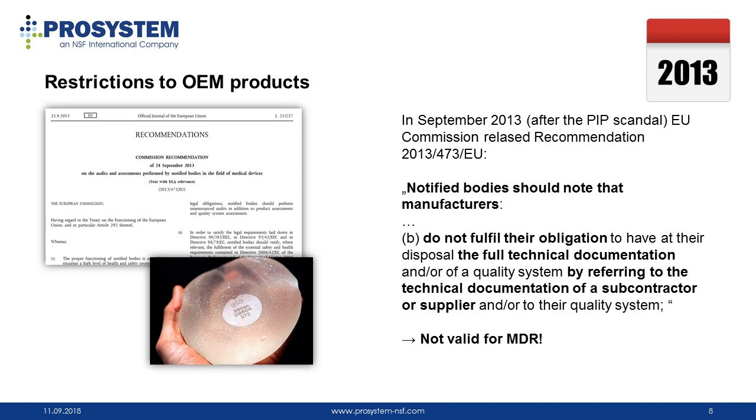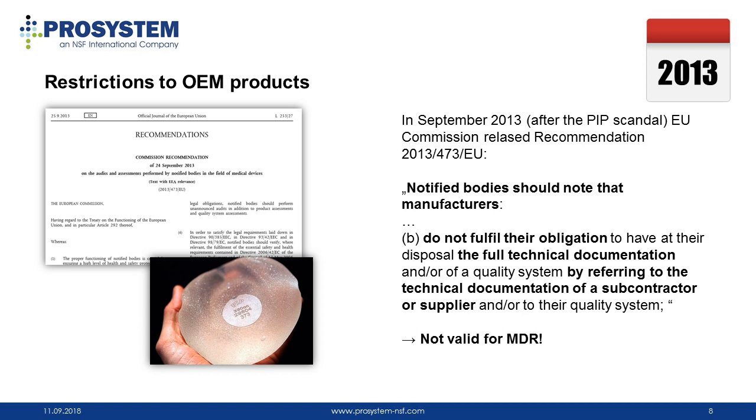But then, as I guess most of you are aware, in 2010, the PIP scandal happened, with a lot of breast implants manufactured using a silicone which is not suitable for this kind of implant, and with tens of thousands of women that had to suffer for that.